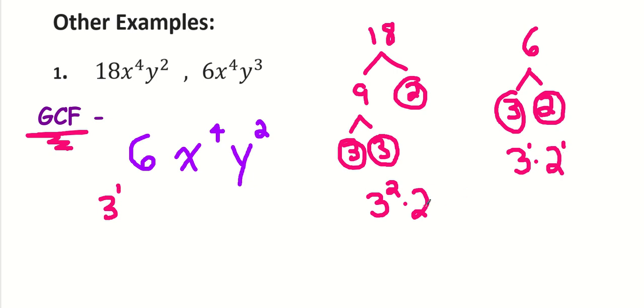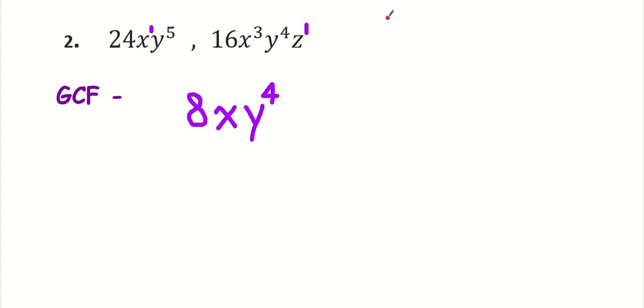Now the 2's. 2 to the 1st and 2 to the 1st, well, it's a tie. So there's the overall GCF of 18 and 6. 3 to the 1st times 2 to the 1st, which equals 6.